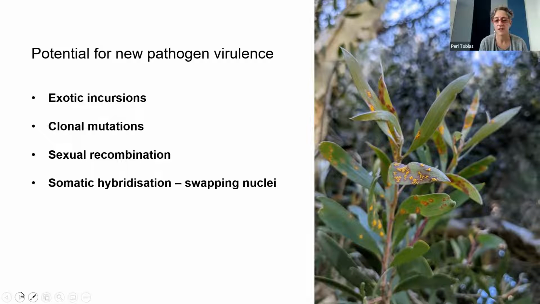Much like COVID-19, you will get mutations naturally occurring. Sexual recombination can lead to new virulence, and so can somatic hybridization, which is the swapping of nuclei through the hyphae. These are all unknown at this stage, but at the moment we believe we still have this pandemic strain only.